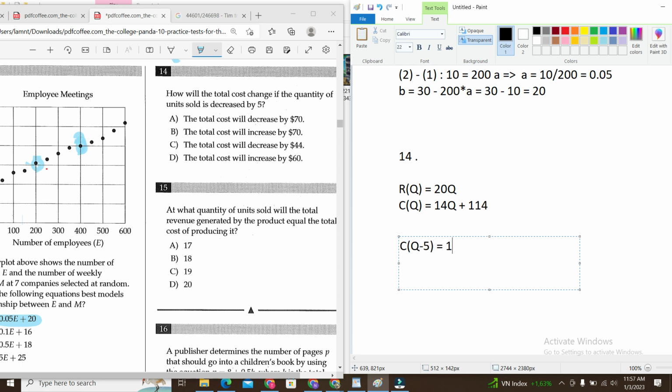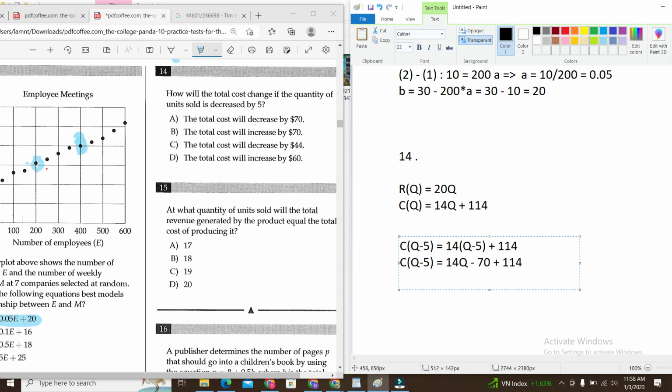That's gonna be 14 times, where Q is, we replace it with Q minus 5, plus 114, because when the quantity of units sold is decreased by 5, the original is Q, so decreased by 5 is Q minus 5. So C of Q minus 5 is 14Q minus 70 plus 114.